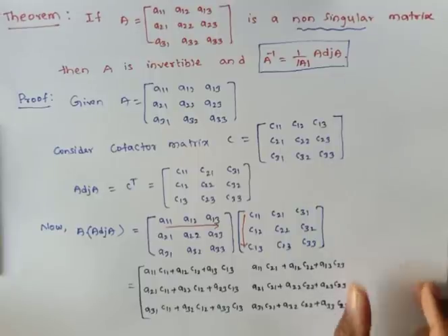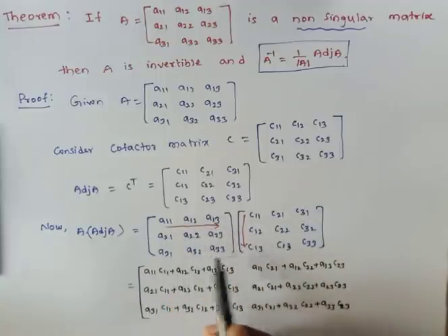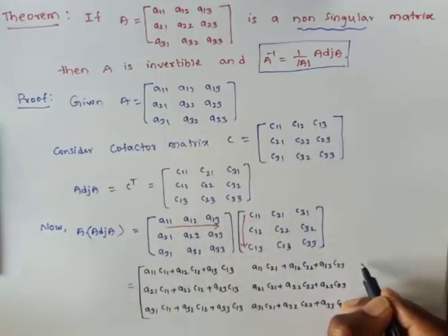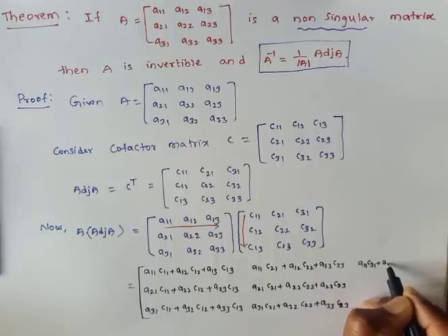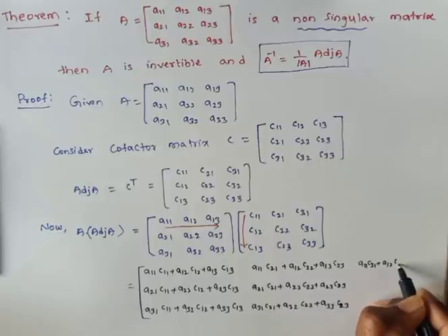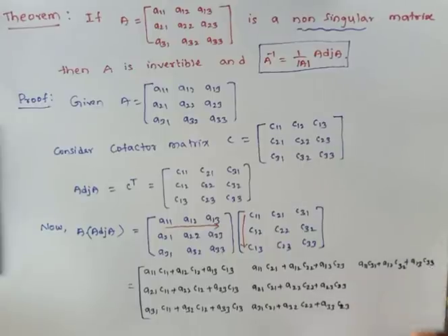Next, to get the third column of the resultant, you need to multiply these three rows with the single third column. So it is A11 C31 plus A12 C32 plus A13 into C33.